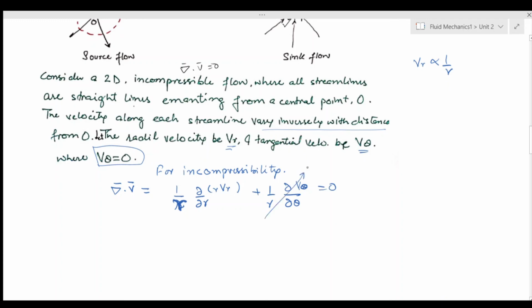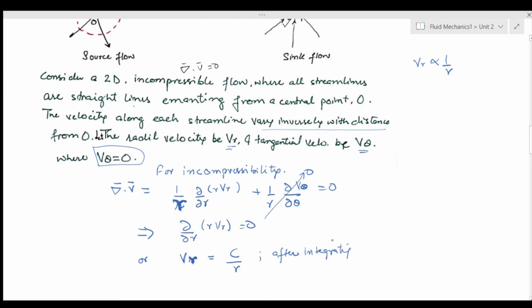Since V theta is 0, this complete term is 0, and my equation comes out to be del by del r of (r times Vr) equals 0. And if I integrate, I get Vr is equal to C divided by r. I got this after integrating.